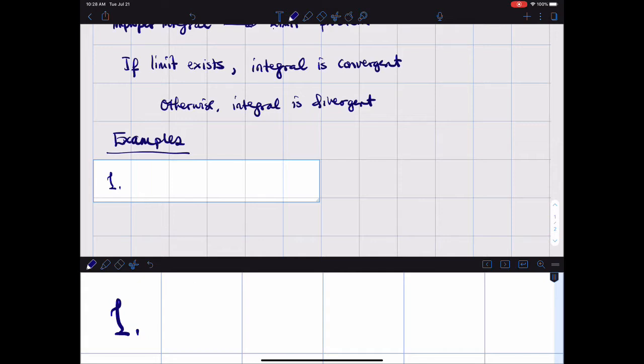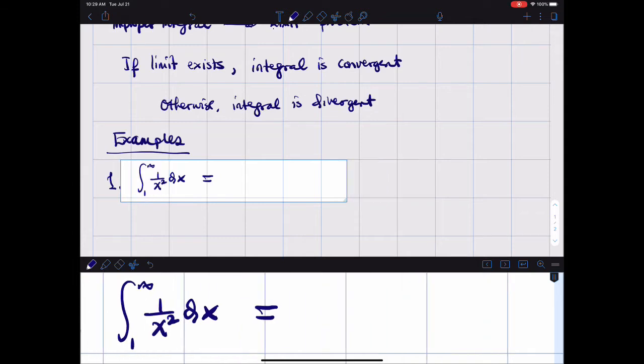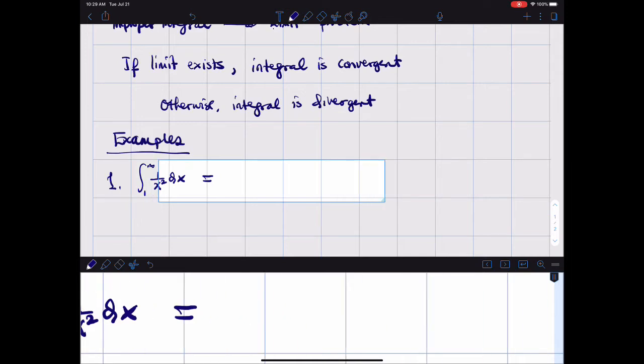Assuming we have the integral from 1 to infinity of 1 over x squared dx. This is an integral that we know about, but if it were an indefinite integral, then this would be an easy integral. But this is now a definite integral, so let's convert it to a limit problem.